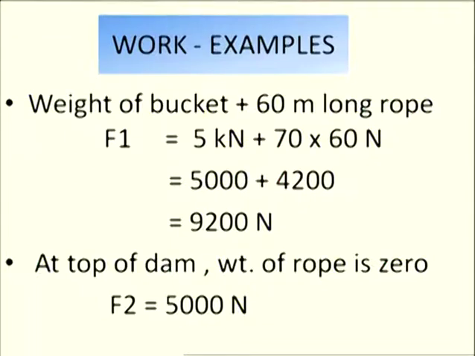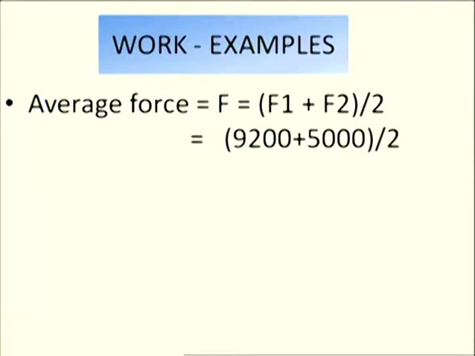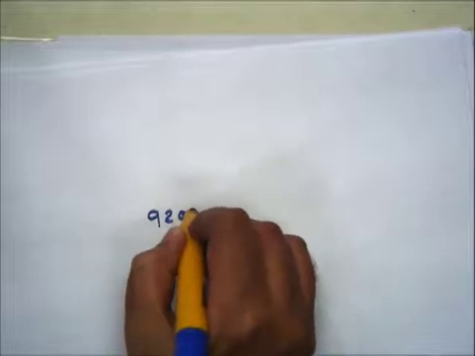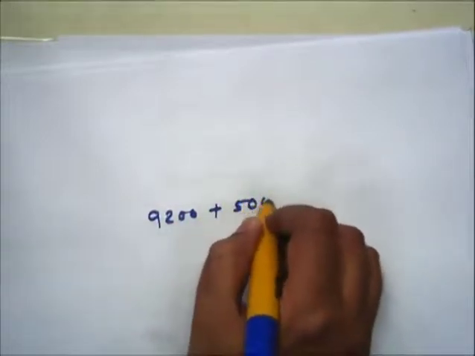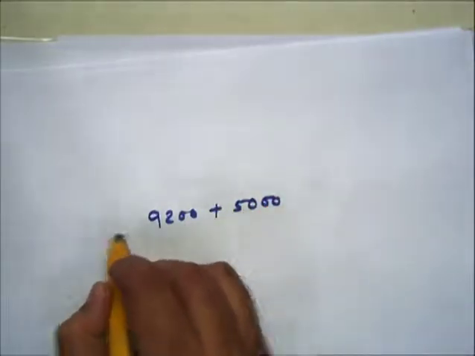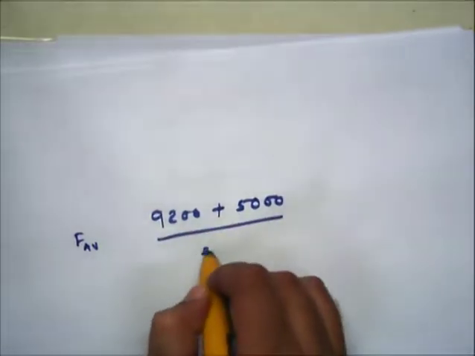I think things will be clear to you. So average force: at the bottom of the dam, total weight was 9200 Newton, and at the top of the dam it is 5000. So F average is nothing but the sum divided by 2.